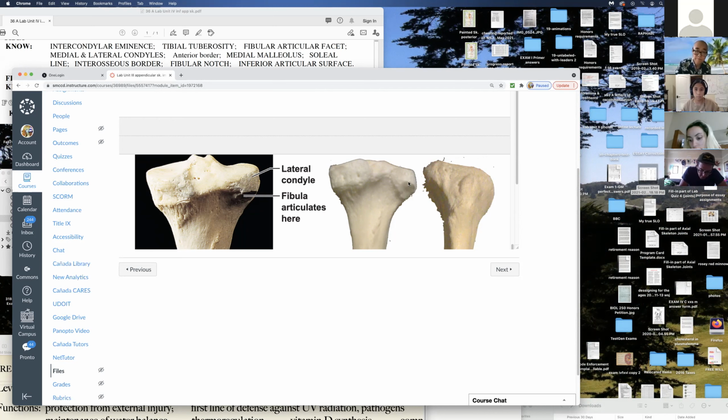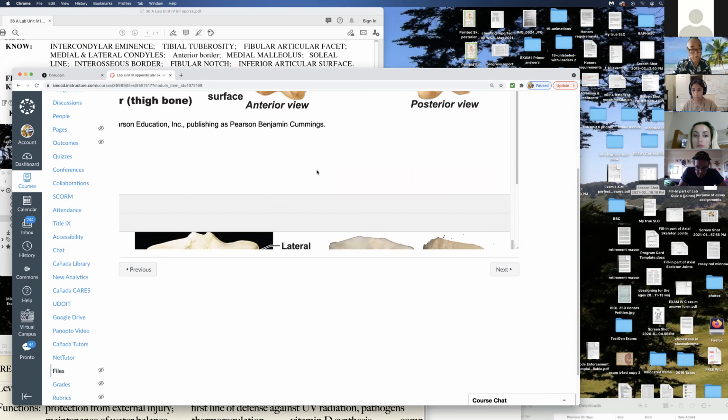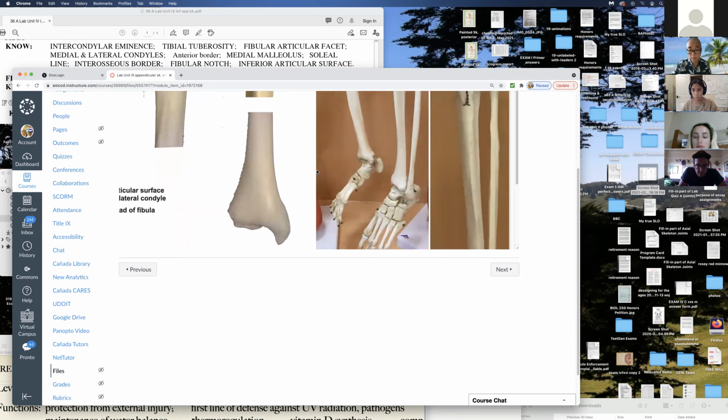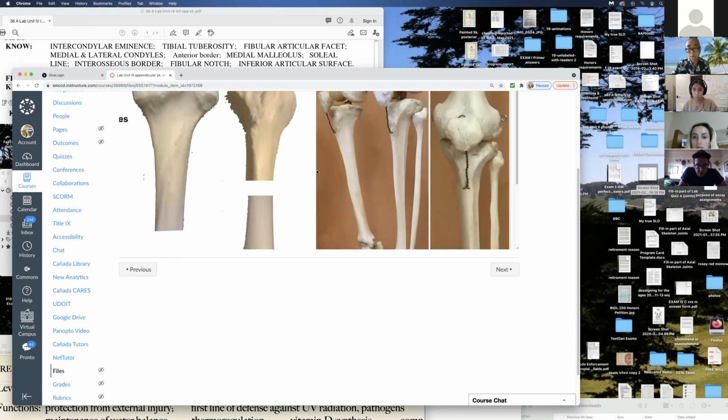Okay. So the head of the fibula is going to be articulating there. That's why when you're looking at these cadavers, the skeletons, that's where the fibula would be articulating.